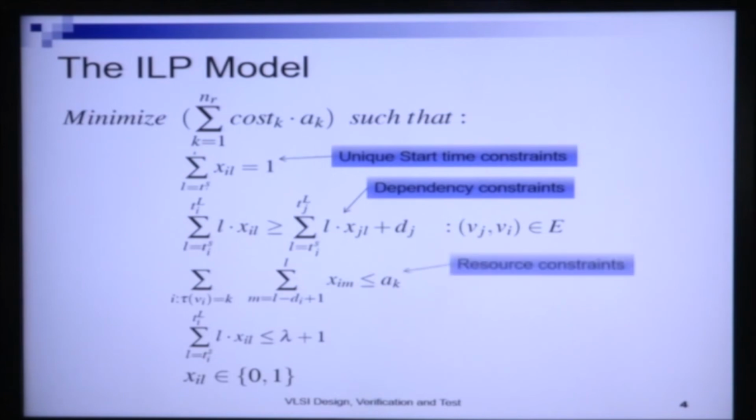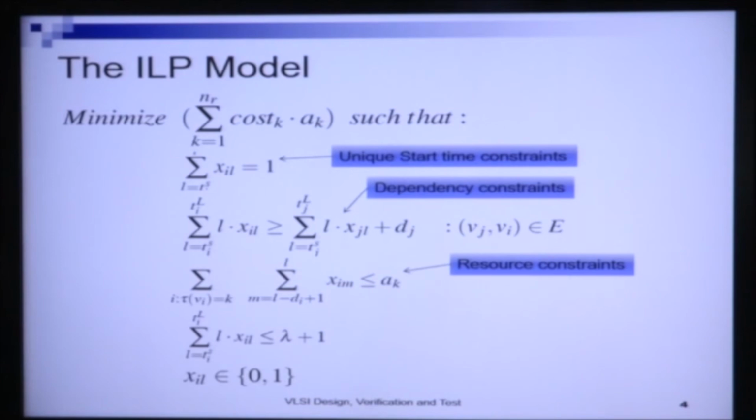Now, we also have resource constraints. We said that for each resource type at each time step, I can only use a maximum number of resources. I can only use a maximum number of A_k resources of type k. So, that is how we specify resource constraints, but again here A_k is not known and is an outcome of the scheduling problem.